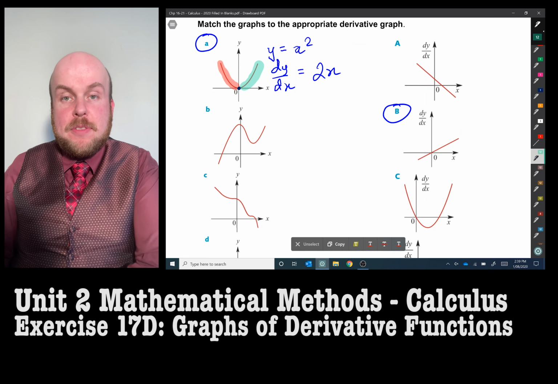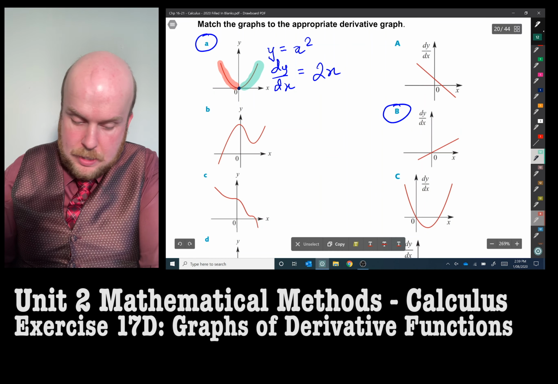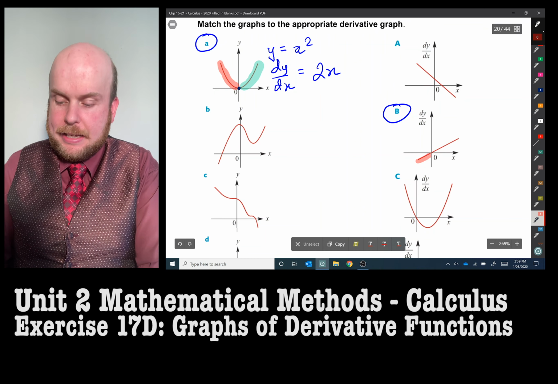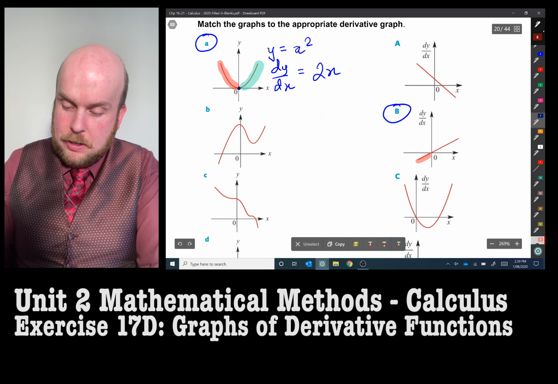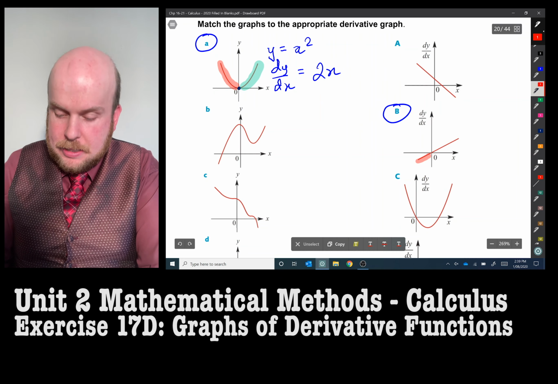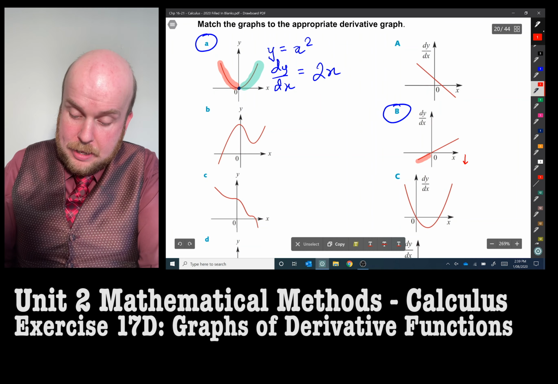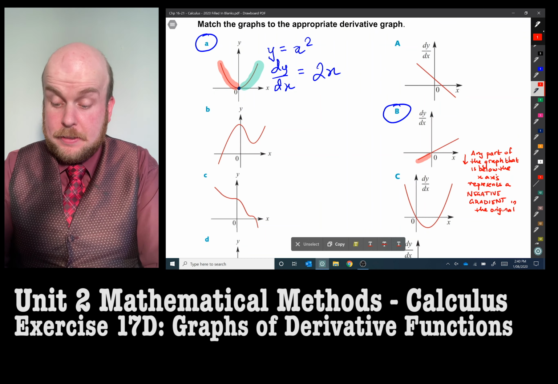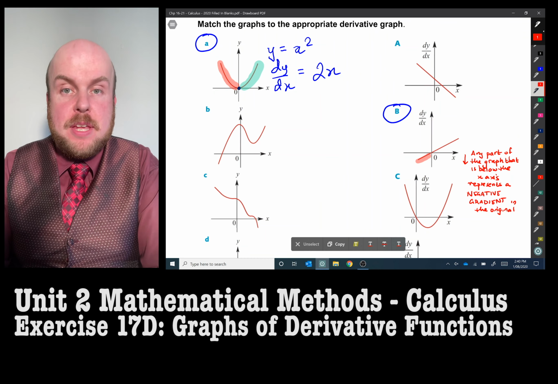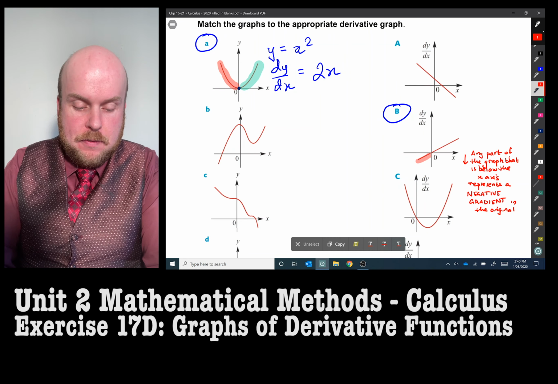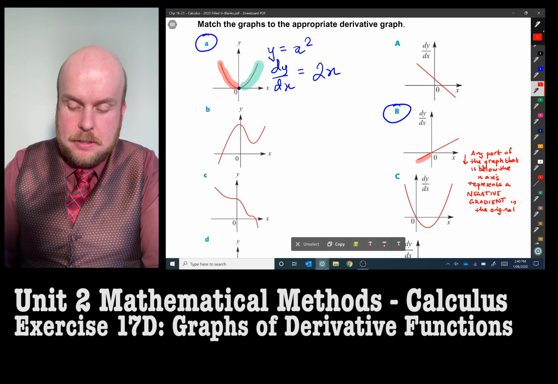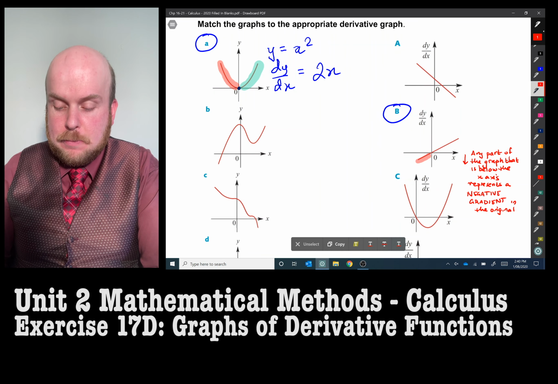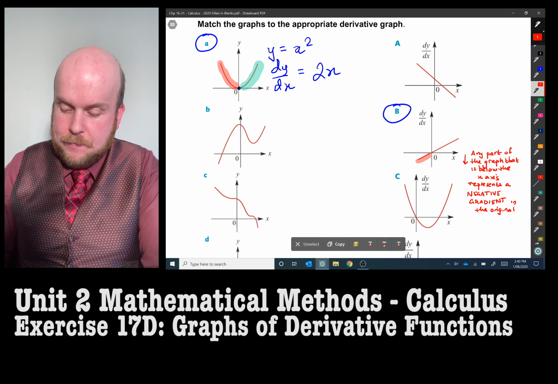If we look at the graph that we've matched, up until 0, the graph is below the x-axis. That is because any part that is below the x-axis represents a negative gradient in the original. So we've got a negative gradient up until x equals 0, and so therefore the derivative graph is below the x-axis until 0.